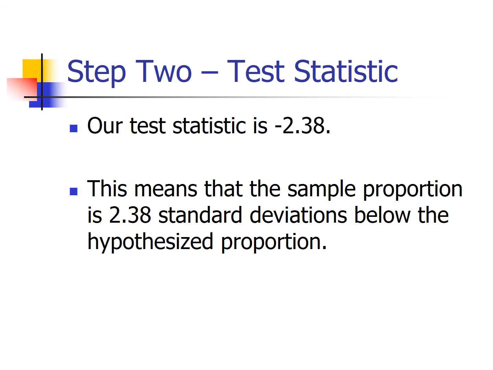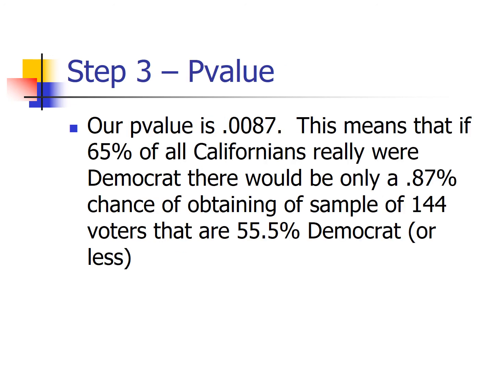Well, to answer that, we need to look at the test statistic. The test statistic is negative 2.38. That means that the sample proportion is 2.38 standard deviations below the hypothesized proportion. Based off that test statistic, we can determine the p-value is 0.0087. Calculator did it for us.